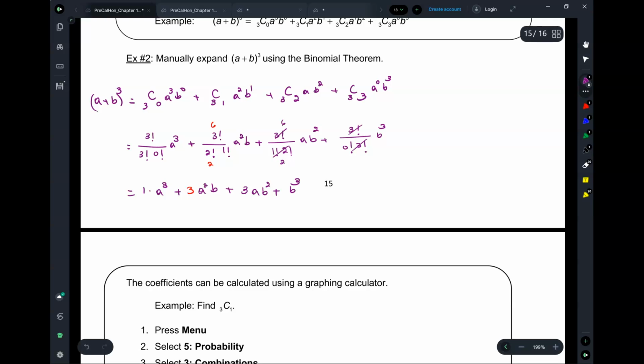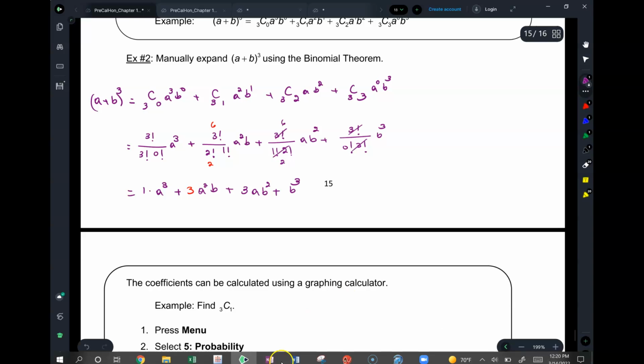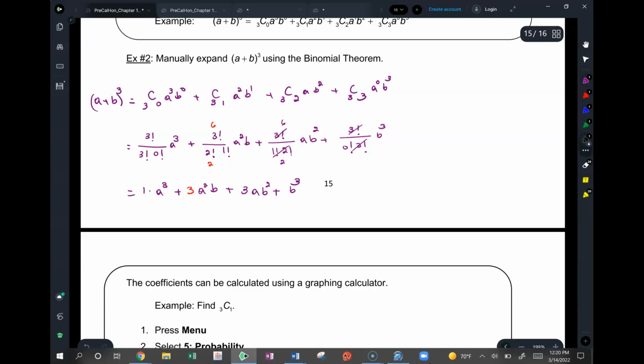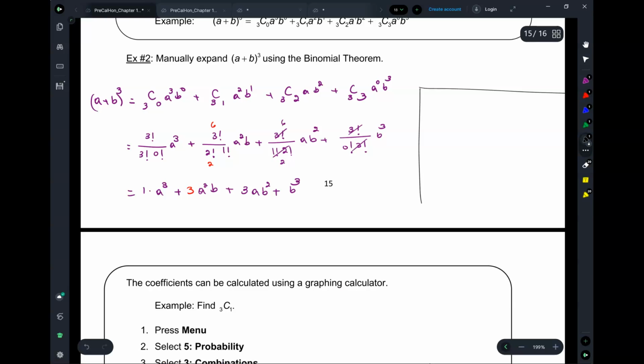Let's do some practice with this. Suppose I have 7 factorial over 4 factorial, 3 factorial. There's a really cool way to do this.